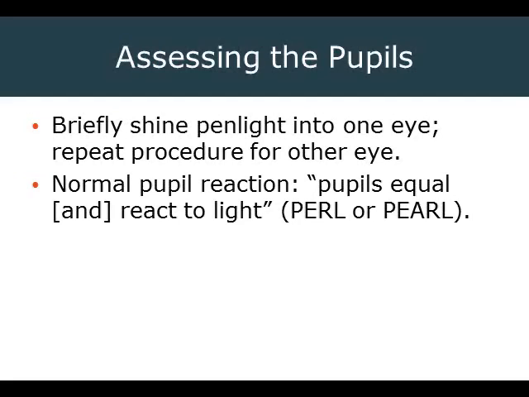Accommodation is watching the pupils move and change size as you do some tricks in front of their eyes. So usually you can take your pen light, after you've shined the light in the eyes and checked for the reactivity, and move it in an H pattern or a star pattern, and then move it in and out.